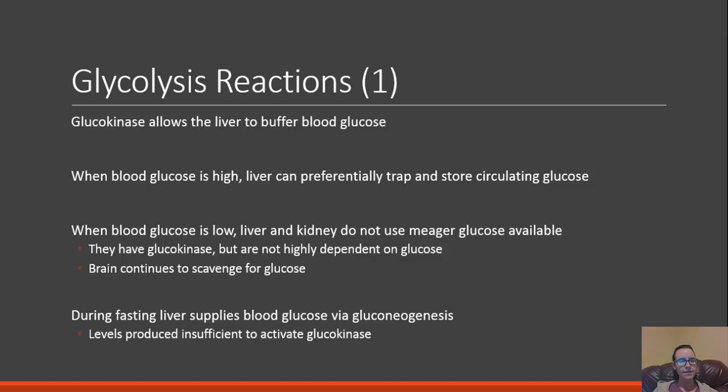So when we have low blood glucose levels, these are insufficient to activate glucokinase. When we're high, glucokinase is active. When we're low, it's not enough to activate glucokinase to break down glucose.